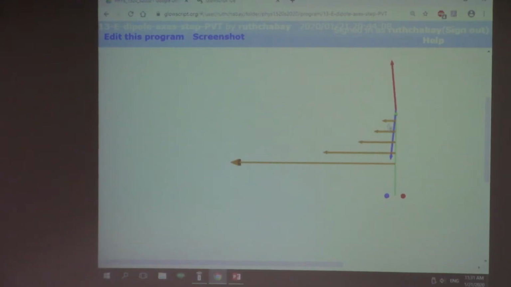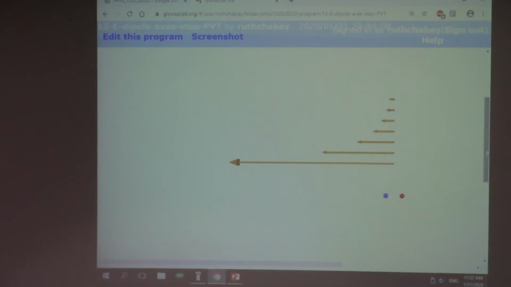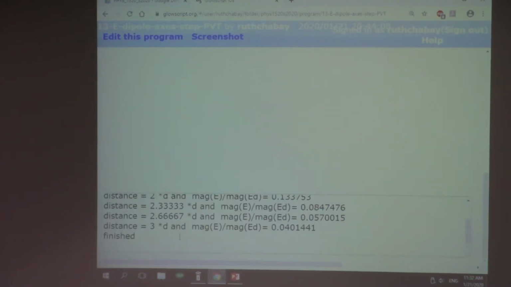Notice that the magnitude of the field ends up being very small because, even though the individual distributions have big components in the plus and minus y direction, those are equal and opposite, so they add up to 0. Now we've gone up to 3d, and if it was a 1 over r squared field, we'd expect that by now it would have gone down by a ninth.